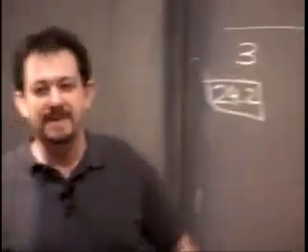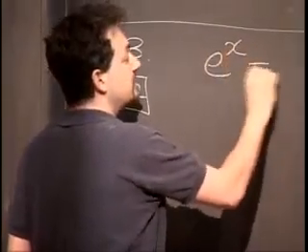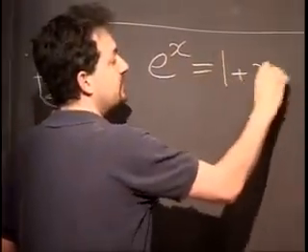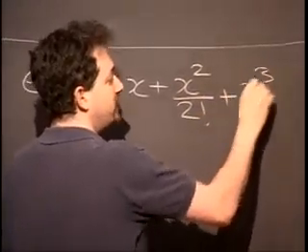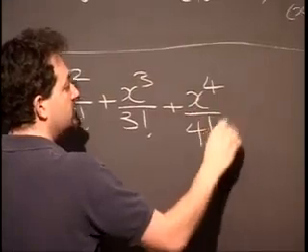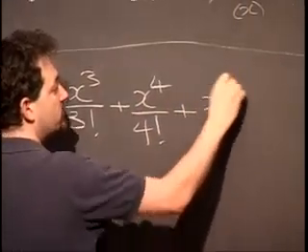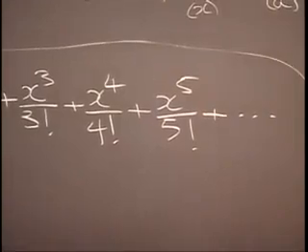So the logical extension is that you'd like to be able to write e to the x is 1 plus x plus x squared over 2 factorial plus x cubed over 3 factorial plus x to the 4th over 4 factorial, and so on. An infinite series.